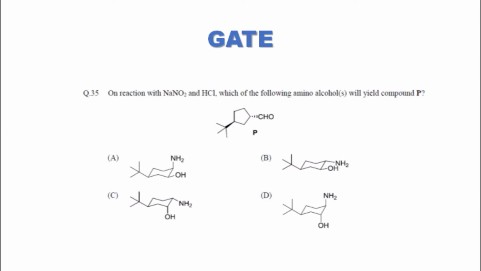So the next example of the same type came in the GATE exam. You can do it yourself. I am just giving the reaction; here we have been given 4 options. Just find the perfect orientation, just like the previous example. At first, our diazonium salt will be created, which is N2 plus.